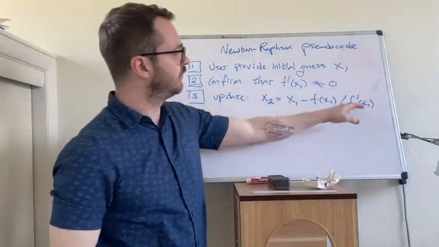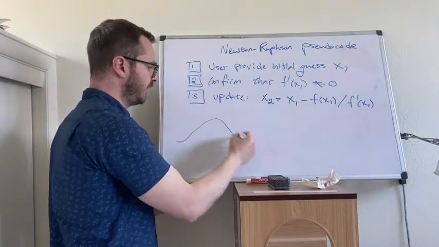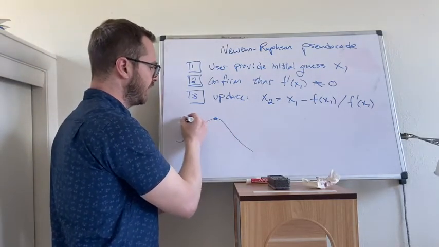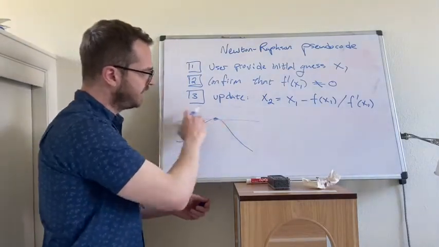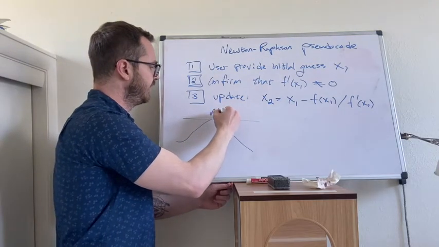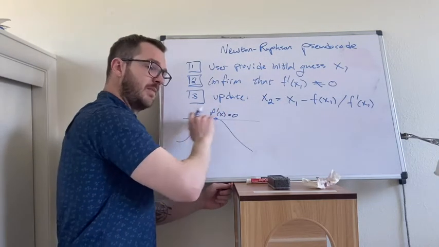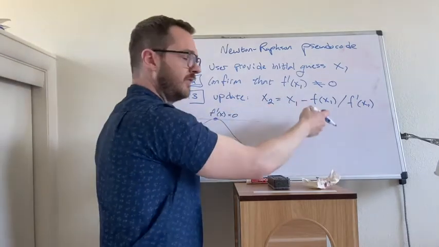Remember, f prime of x1, this is the slope. We saw with the graphical portion, if we pick a point right here at the top and then we do the tangent line through it, if the slope here, right, if f prime of x is 0, that means the tangent line is going to go off to infinity. Mathematically, what is that going to do?